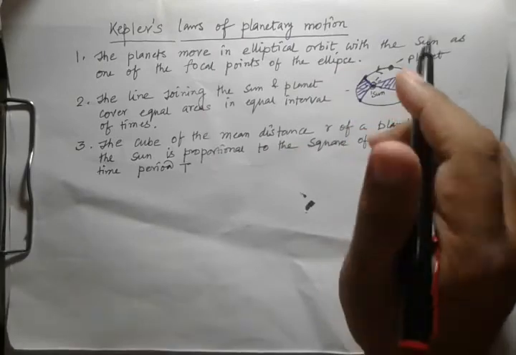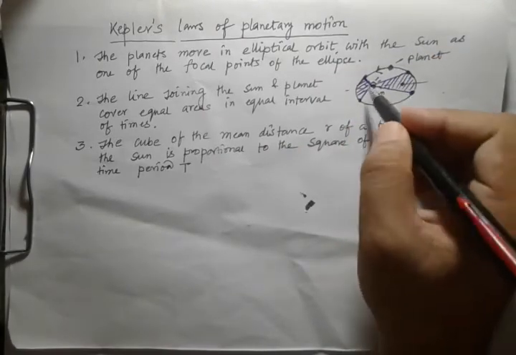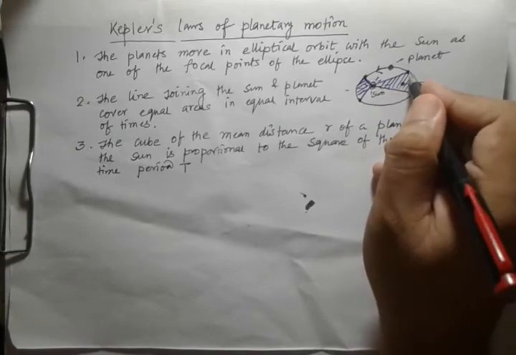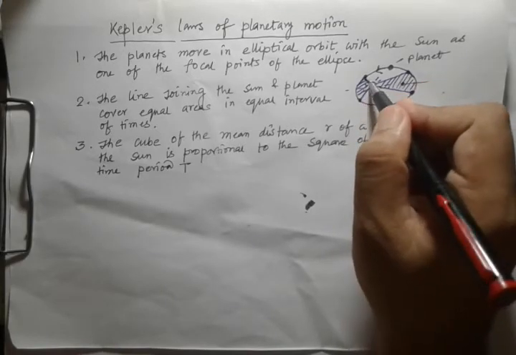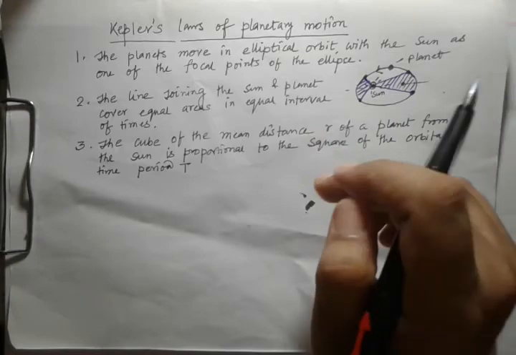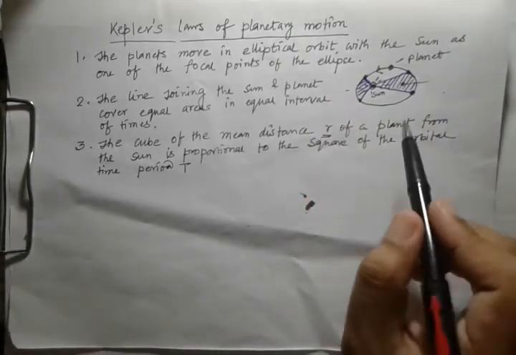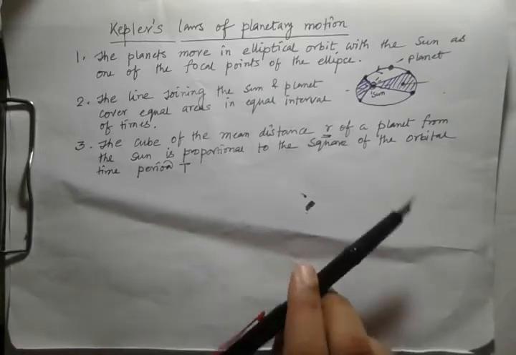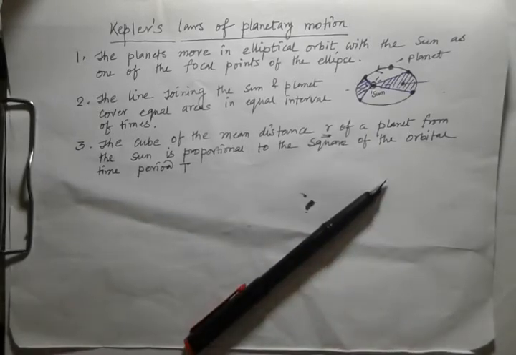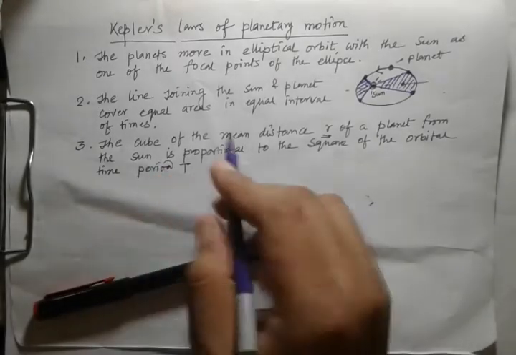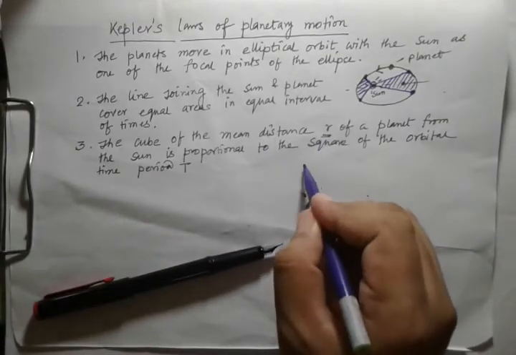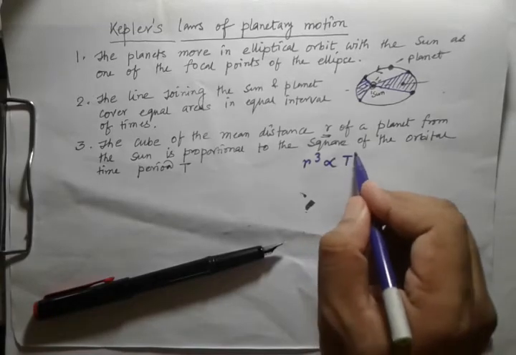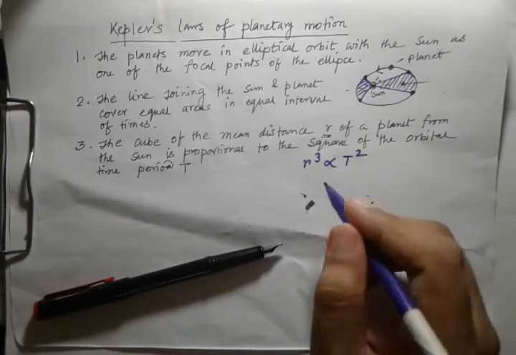If this is the elliptical path, the radius will not be the same. Here the planet is here and the distance is more. Now when the planet comes to here, the distance is less. So we take the average distance, and the average distance is r. The cube of r, that is r cubed, is directly proportional to T squared.